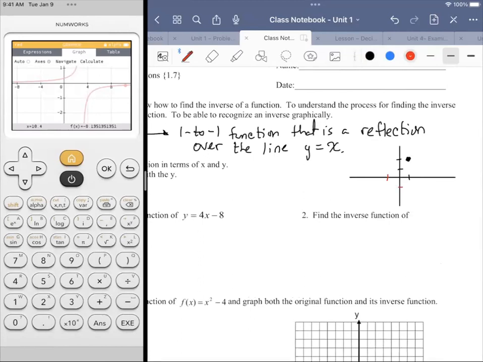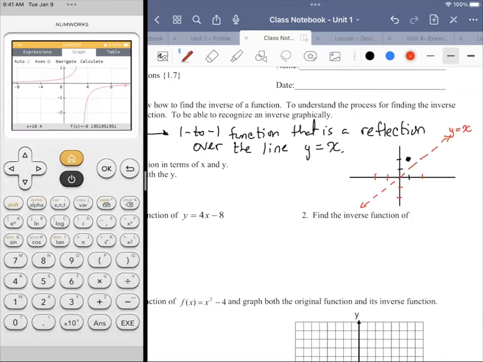Just going to get some benchmarks here. Okay, so this is my line y equals x, y-intercept of 0, slope of 1.